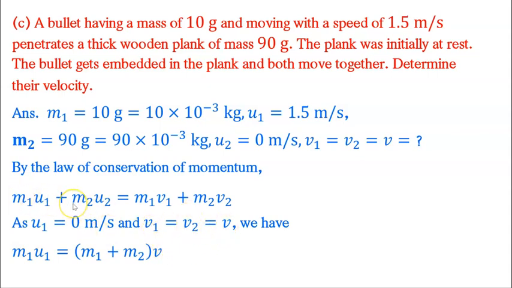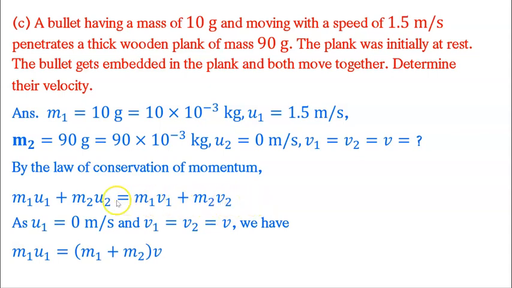Substituting u2 equal to 0, this quantity becomes 0. Therefore m1 u1 is equal to m1 v plus m2 v.